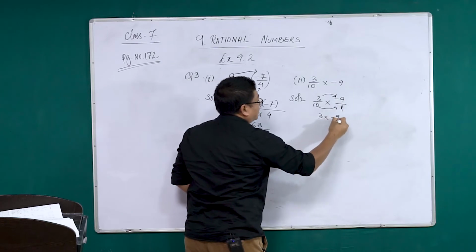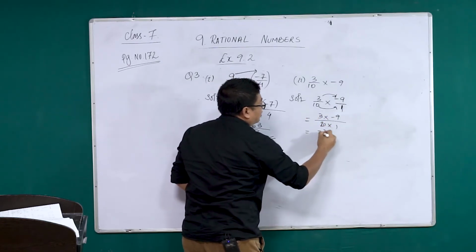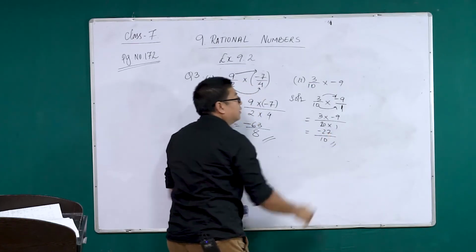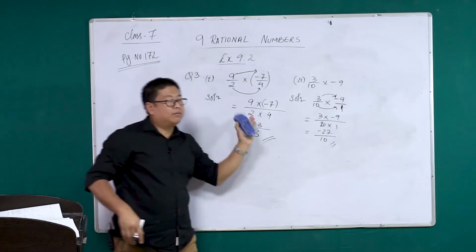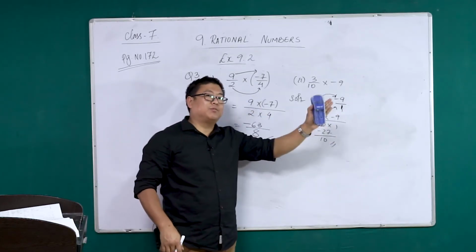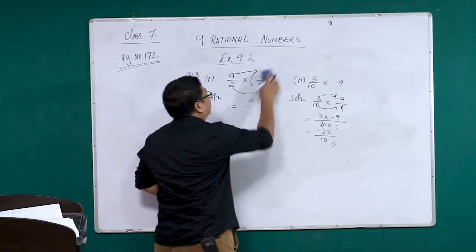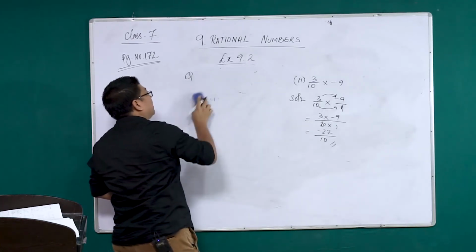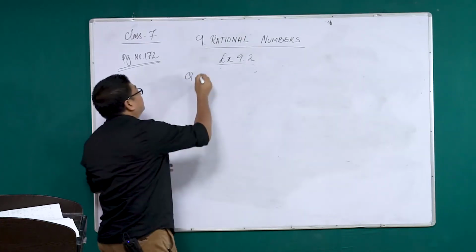So 3 into minus 9 by 10 into 1. So you're getting minus 27 by 10. So for multiplication, directly multiply the numerators, multiply the denominators. You simply have to be good at multiplication, all right? So please practice.